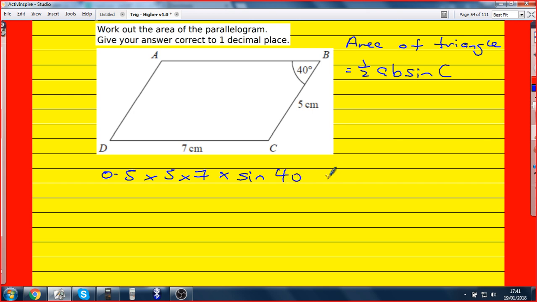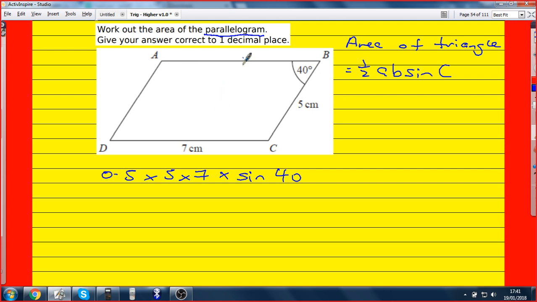Okay, so this one, 0.5 times 5 times 7 times sine 40. That works because, what is the length of the top? It doesn't tell you what the length of the top is. Well, it's a parallelogram. You might be able to tell just by looking at it.